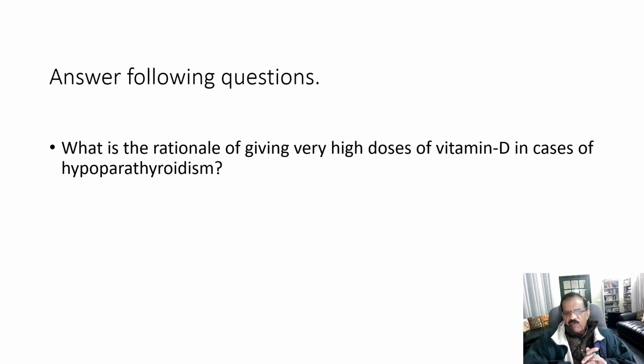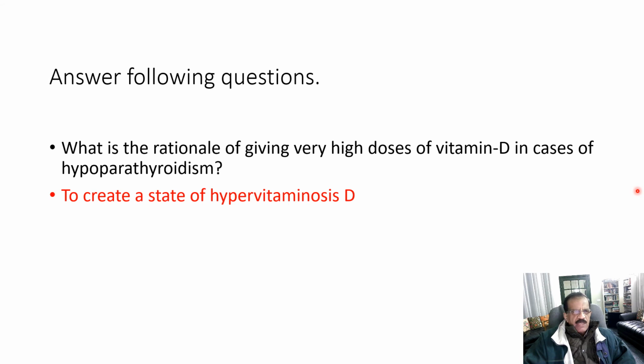If one's vitamin D is above 150, then there is a chance of vitamin D intoxication. But in these patients, we intentionally give high dose of vitamin D. What is the rationale? This was actually discussed in this quiz. The intention is to create a state of hypervitaminosis D.